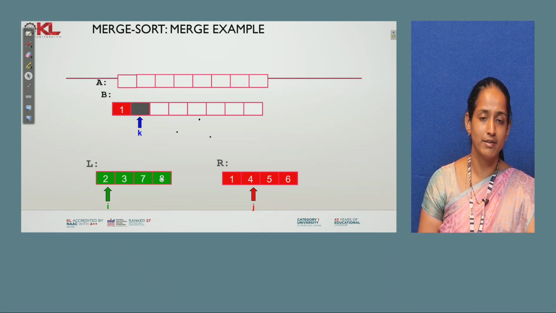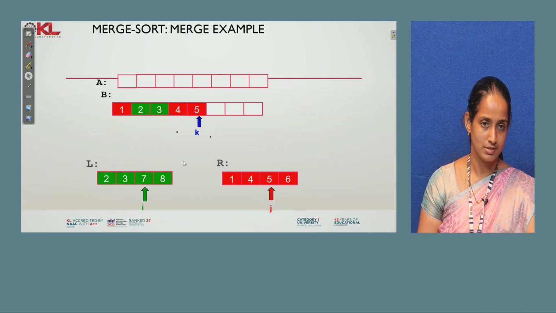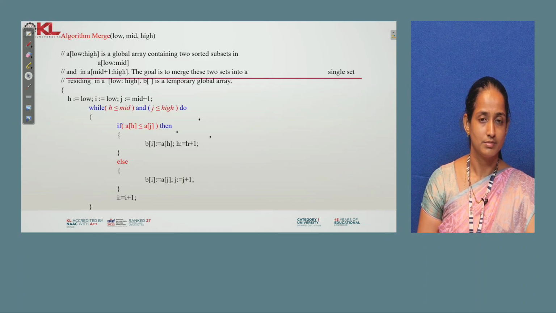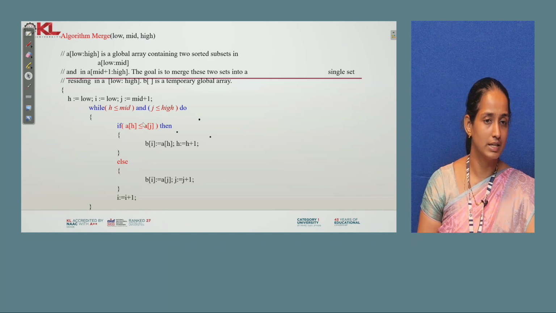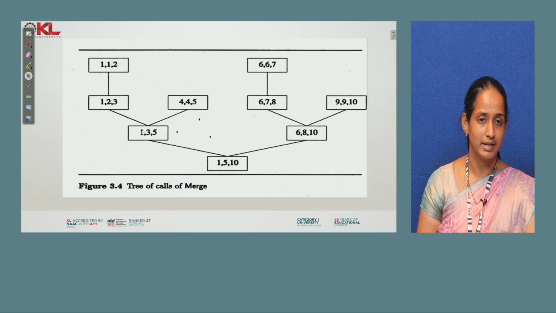Wherever we pushed, that pointer will be incremented. Like that we will be applying the merge process. The same thing was given in the algorithm: the comparison of the low value with mid plus 1, and whichever value is lower, we push that into the resultant array.